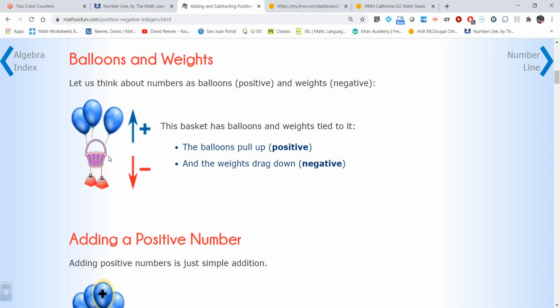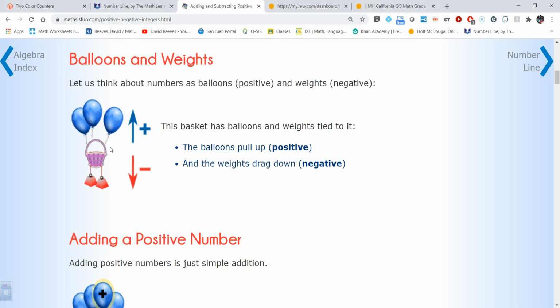And we're talking about making that basket go up. So if I want to make that basket go up, what could I do? Think about it, okay? These are helium-filled balloons. You guys, I don't know if you ever saw that movie Up. What makes the house go up? What would make the house stay down? What will make this basket go up?